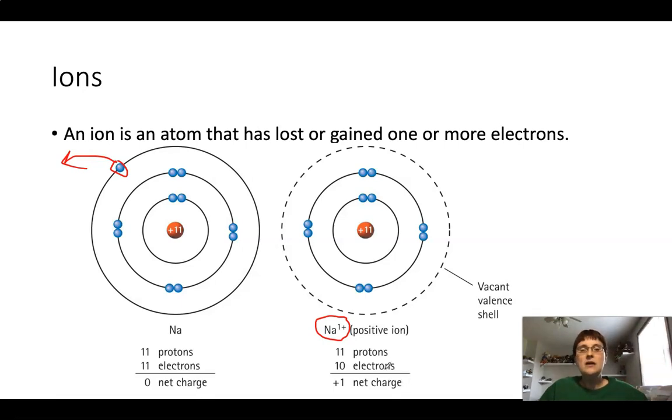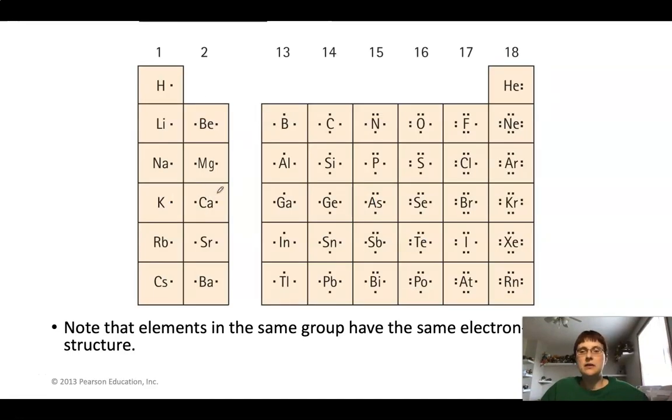If this was, for example, calcium, so if I go back, calcium has 2 outer electrons. Calcium is going to do the same sort of thing. Calcium is going to get rid of these 2 electrons, and it's going to become a 2+ ion, because it's lost 2 electrons, so it has 2 more protons than it has electrons.